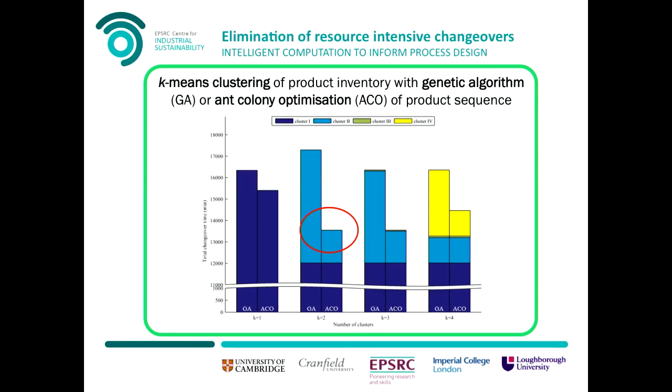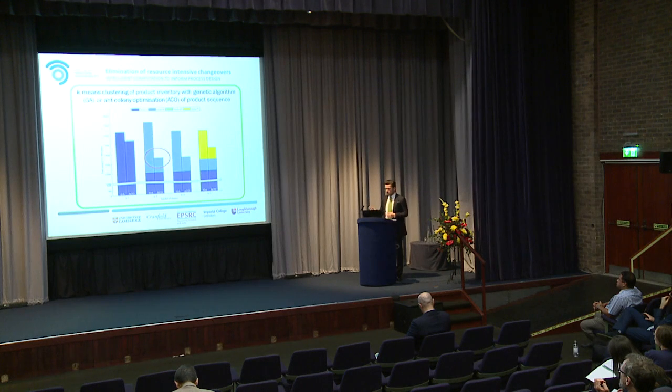So on the first bar, we've got 1 cluster, which is all the products. Second, we've got 2 different clusters. Third bar, 3 different clusters, and fourth, and so on. We then applied the scheduling algorithms. So we applied genetic algorithm as well as ant colony optimization of the product sequence.